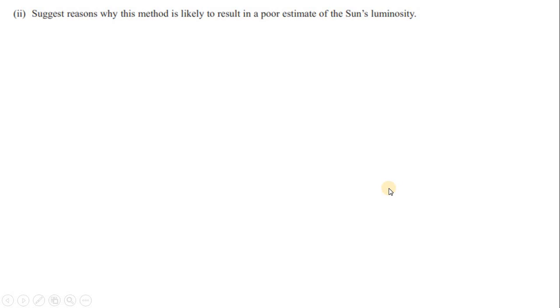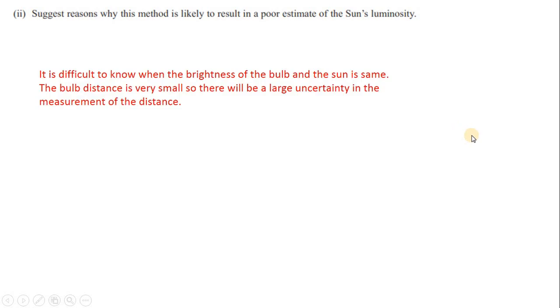So it is really difficult to detect whether the brightnesses on the card are the same, that means whether FL is equal to FS or not. And moreover, the distance of the lamp, which is 0.125, is quite a small value of the distance of the card to the lamp, so we have a large uncertainty in the distance. That's why we have a poor estimation. It's not that good.